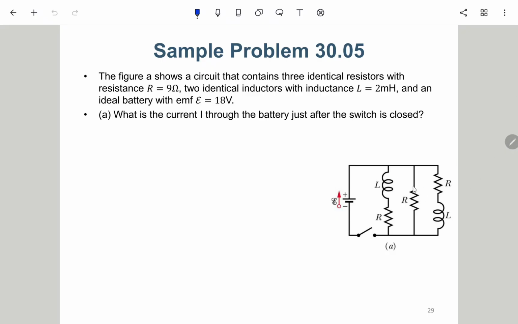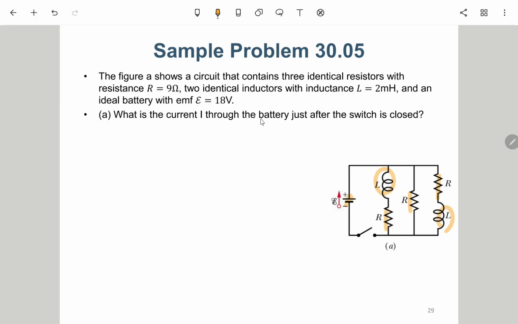But here we try a simple sample problem. The figure shows a circuit that contains 3 identical resistors, 1, 2, and 3, all with the same value R equals 9 ohm, 2 identical inductors with inductance L equals 2 mH, and an ideal battery with EMF of 18 volt.